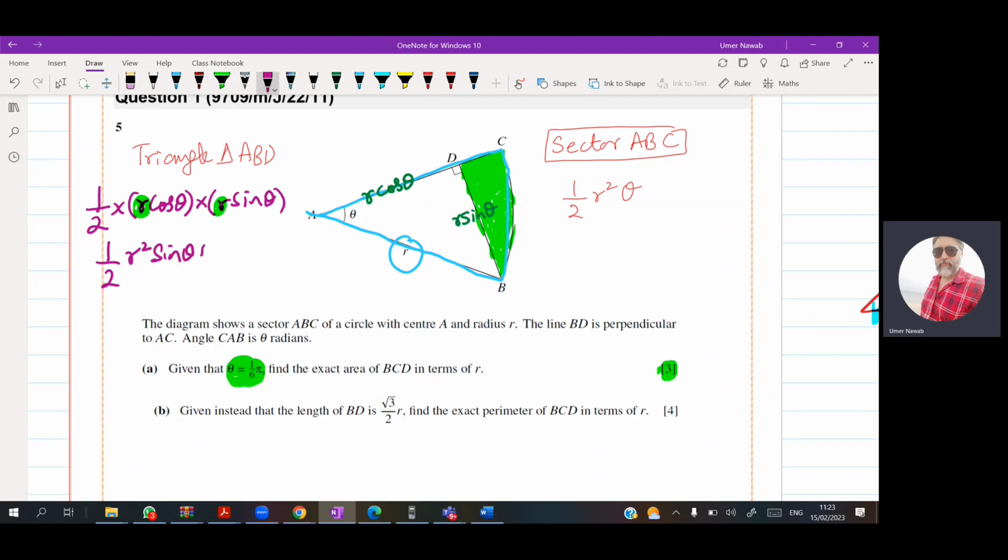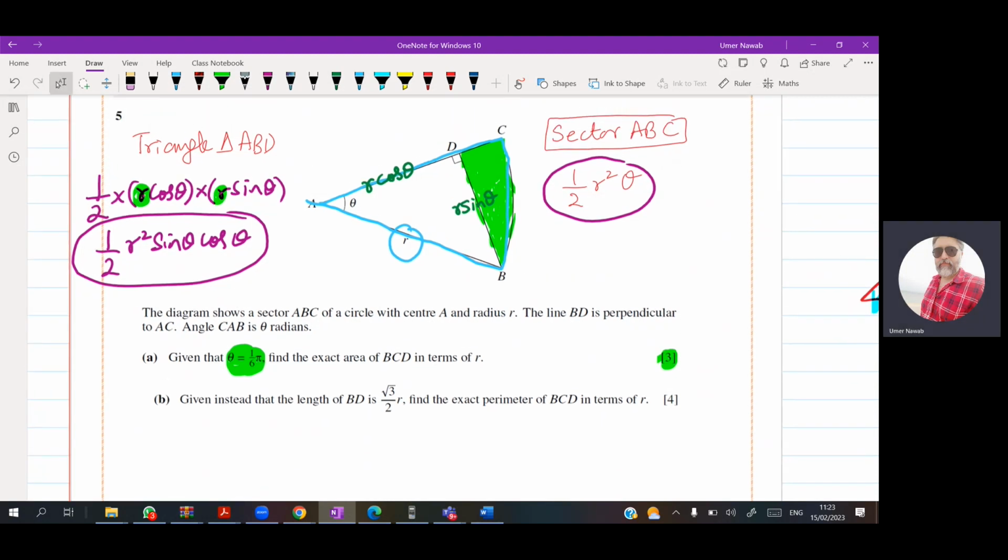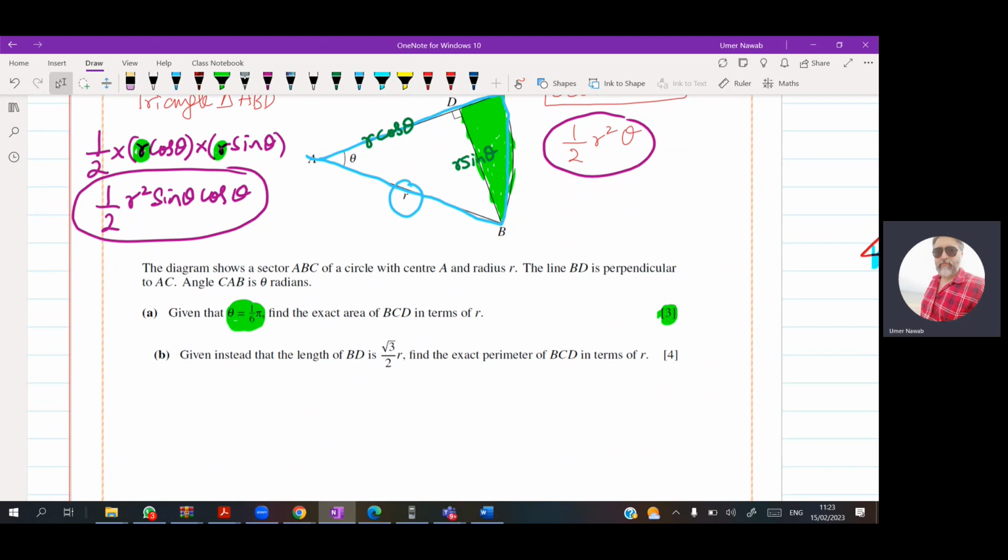So this is the area of the triangle and this is the area of the sector. The examiner wants this green portion, so I need to subtract, but you should use theta as pi by 6. I'm going to write now the area of BCD.